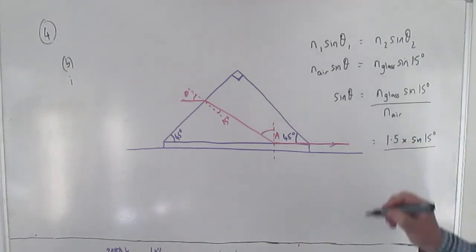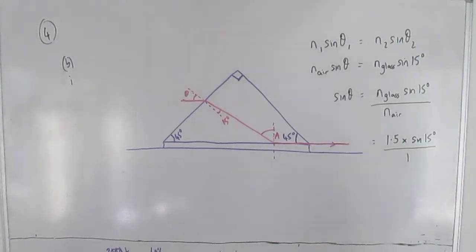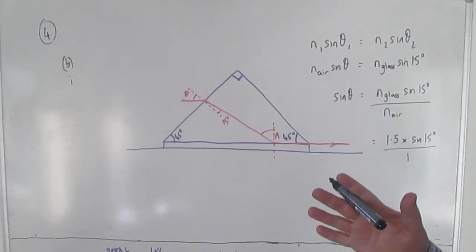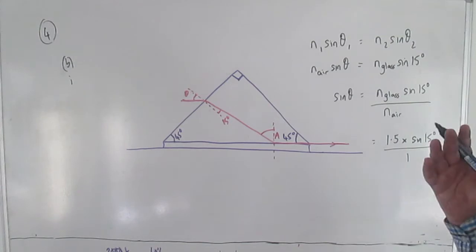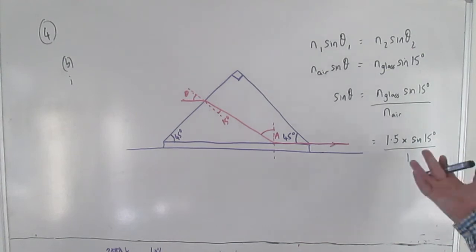which we can get from your calculator, and the refractive index of the air, remember, is 1 because the velocity of light in air is almost, not quite, but almost, and certainly at the level of accuracy we're working to, identical to the velocity of light in a vacuum. So the refractive index of air is 1.